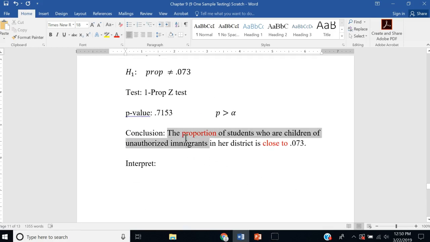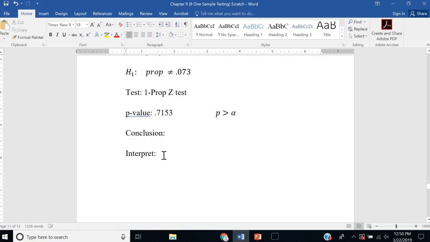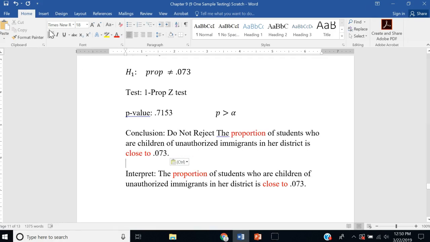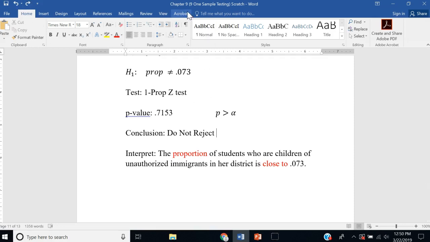Shoot. I apologize for that. I made a mistake. I wrote that as the conclusion. I should have written that as the interpretation statement. The conclusion, I said, is do not reject H0.